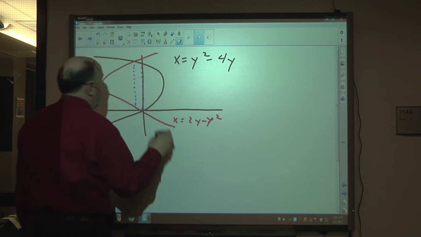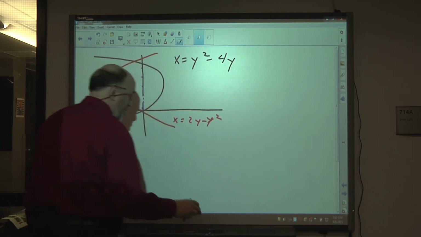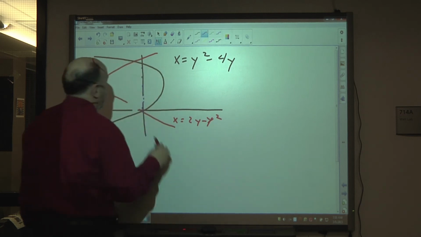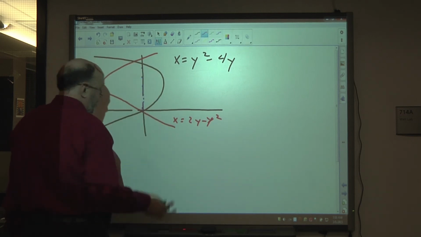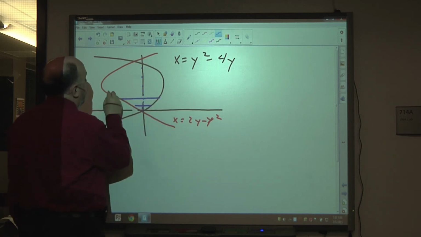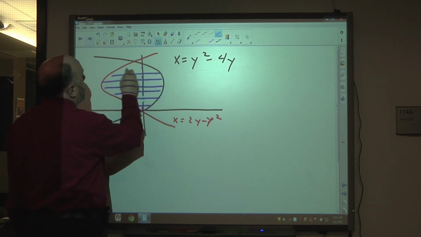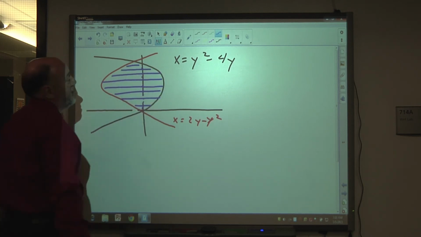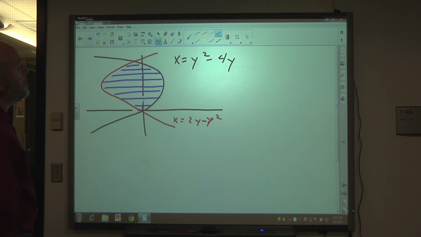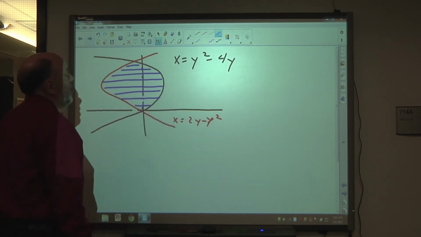So in this case, what we have to do is integrate with respect to y. If I integrate with respect to y, we're going to get the entire area. And so when we integrate with respect to y, we want my equations to be in the form of y equals.